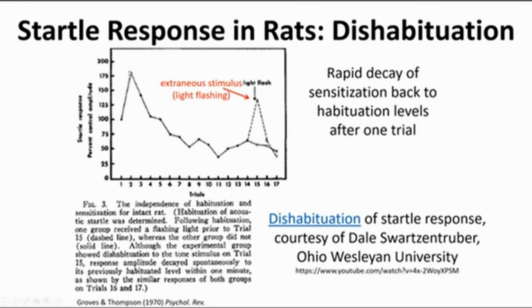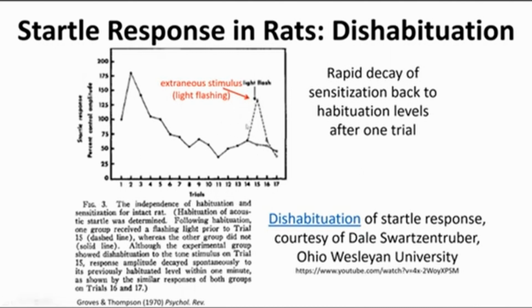Initially we have that sensitization, but then habituating to a particular tone. And then we see this new stimulus, something they have never been habituated to before, that flashing light, which causes this initial really strong response here.